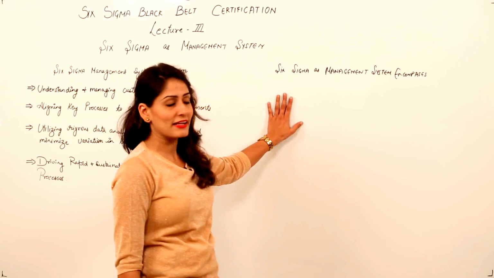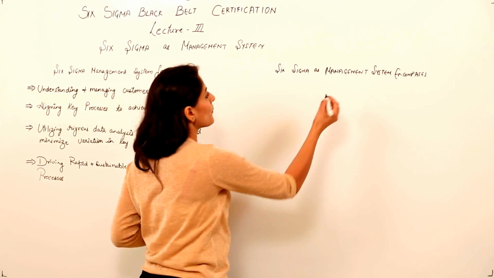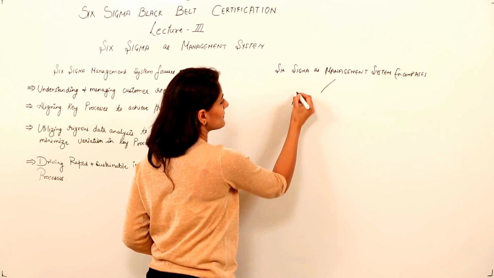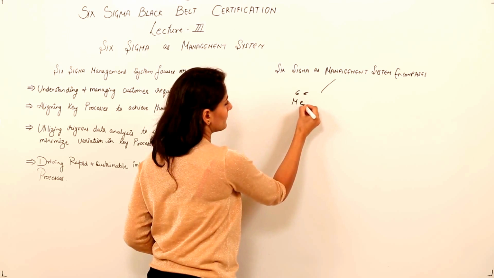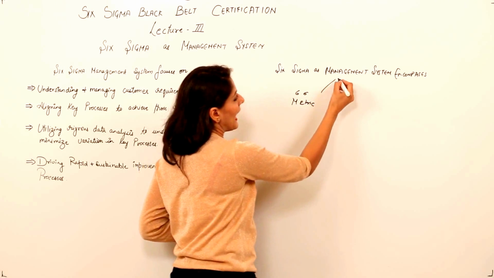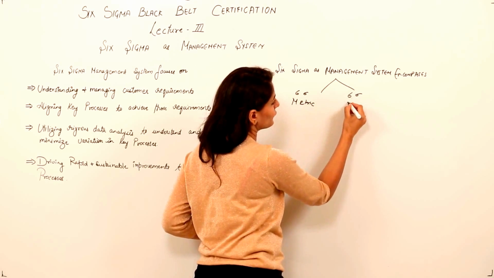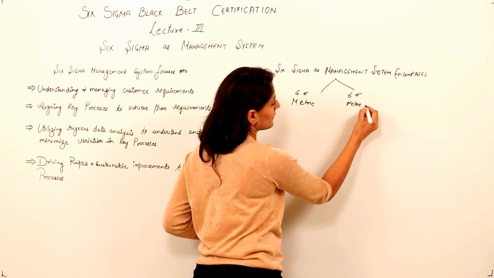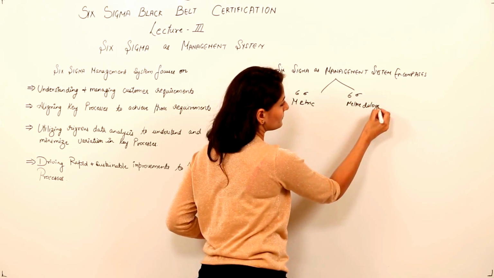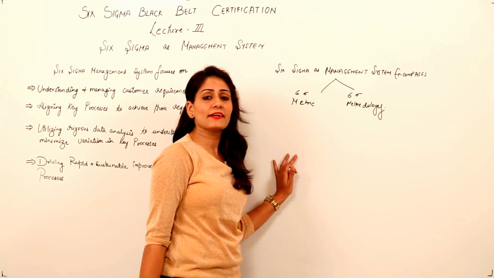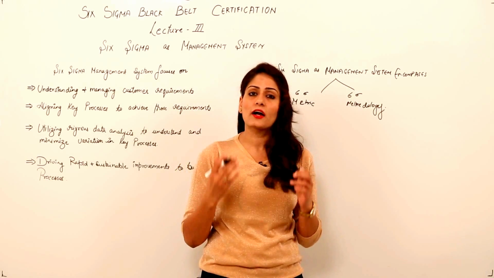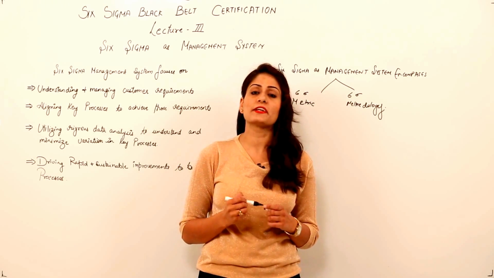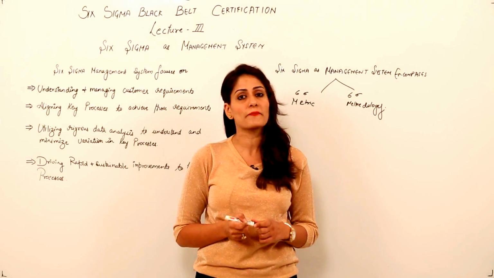Six Sigma as a management system encompasses both Six Sigma as a metric and Six Sigma as a methodology. And breakthrough improvements can occur in any organization when its top level management adopts Six Sigma.